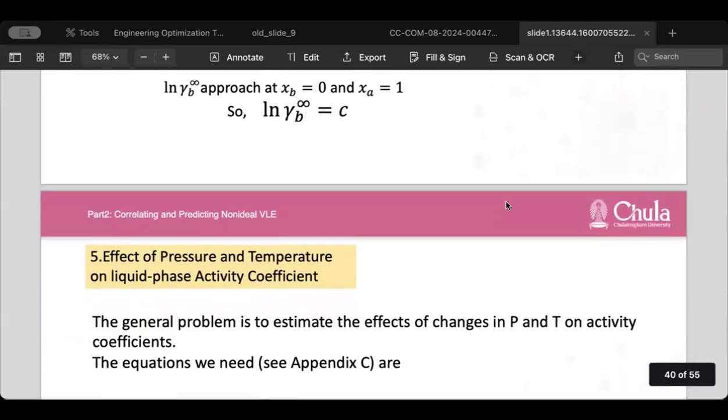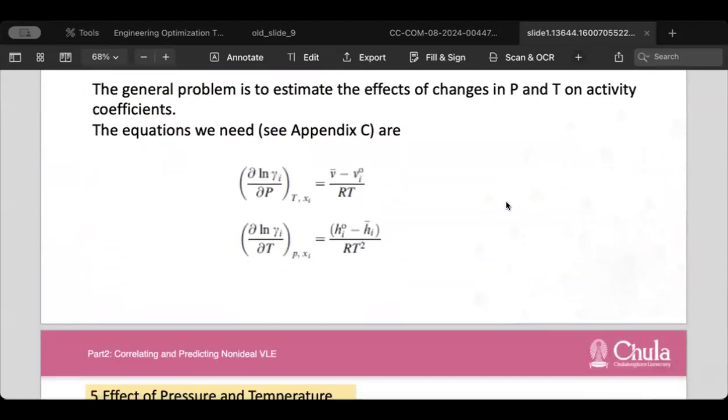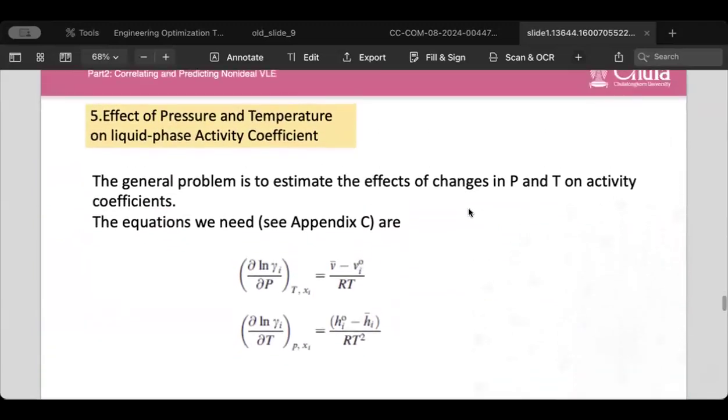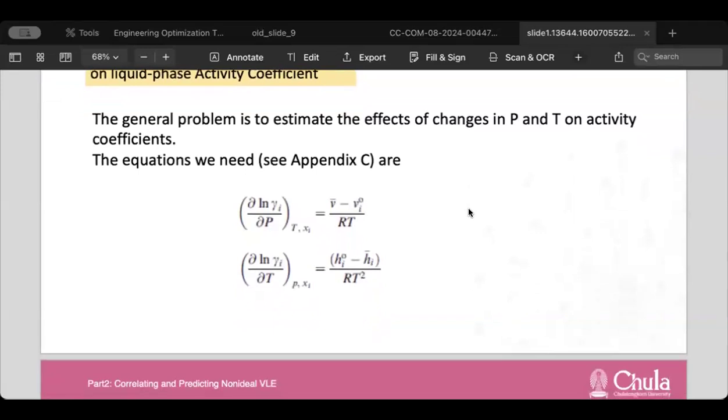We learn about already. Okay, and also we talk about the pressure and temperature effect on liquid phase activity coefficient. Okay, the effect of pressure, right? How gamma change once pressure change, and also gamma change once temperature change, right?